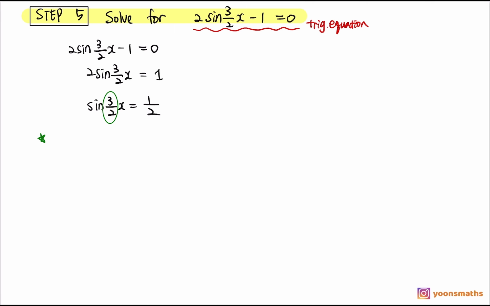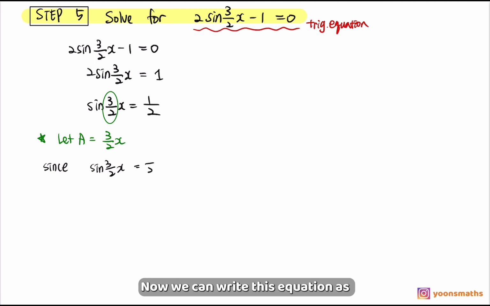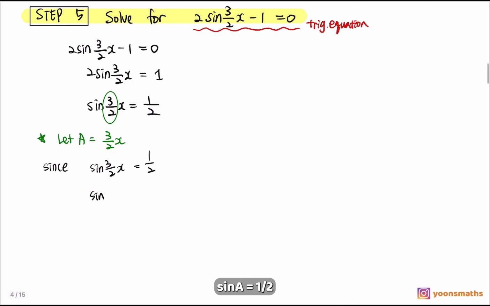The letter a can be anything. Since sine 3 over 2 x equals half, now we can write this equation as sine a equals half.